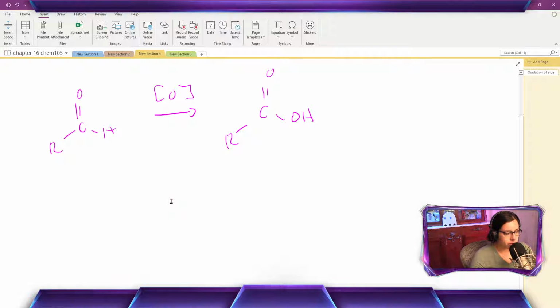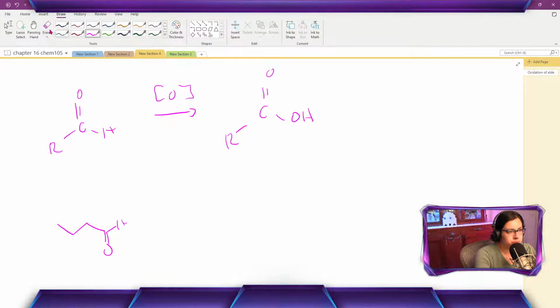So, some examples. Let's look at butanol. 1, 2, 3, 4. I think I have too many carbons. 1, 2, 3. Oh no, that's right. 1, 2, 3, 4. And then let's add potassium dichromate.